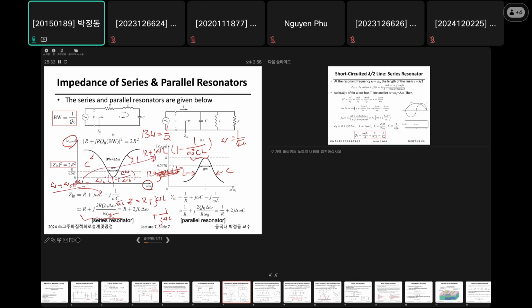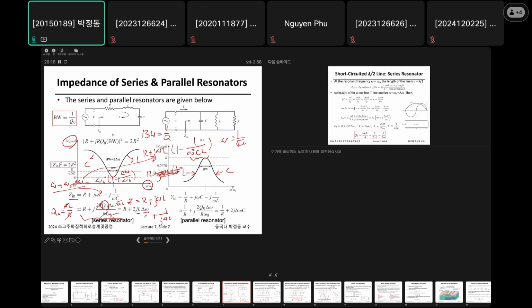Again, Q0 is omega L divided by R. So you cancel out R, omega 0 cancels out with this, and what you have is L and delta omega. So Z in is R plus 2j L delta omega.